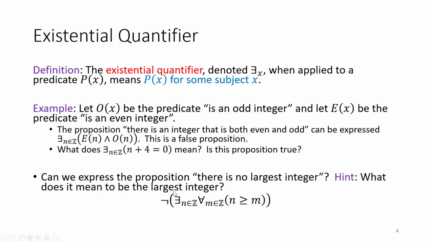Okay, let's see if we can pull out the logic-ese a little bit. It is not the case that there is some integer n that is greater than all the integers m. So to take out a little bit of the logic-ese there, I've put this "for all" at the end in our natural language expression. And that's something that we commonly do when we have multiple quantifiers like this, to place it into English.